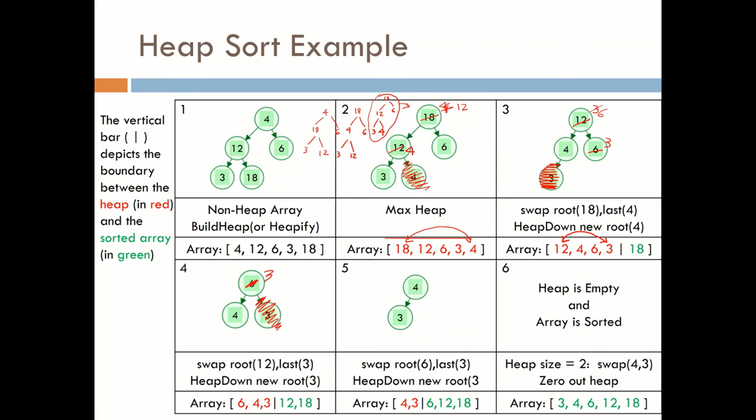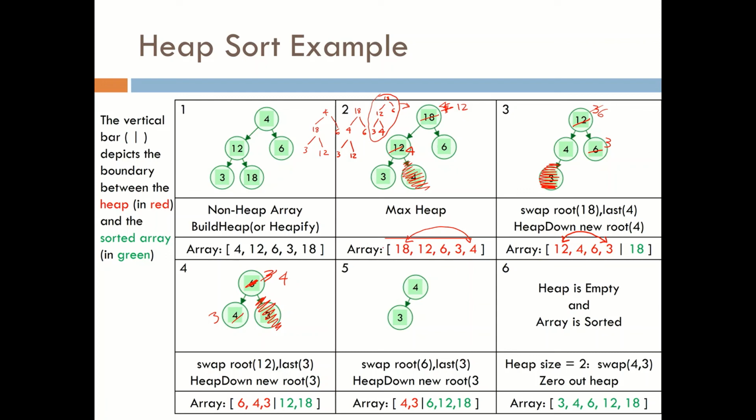The 4 is greater than or equal to the 3, so we swap these two, giving us a 4 here and the 3 here. And you notice that that's what's in this picture. We move the 6 into the front of the sorted portion, and we now have a heap of size 2 and a sorted array of size 3.